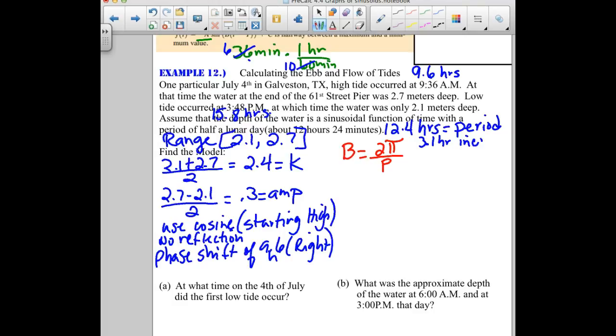Or period is 2 pi divided by B if you want to start with that, rearrange it. So B is going to be 2 pi divided by 12.4. Can we reduce the 2 and the 12.4 to 1 and 6.2? So our B term is going to be pi divided by 6.2.